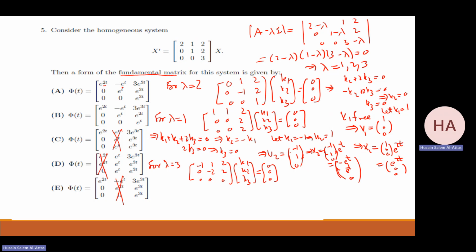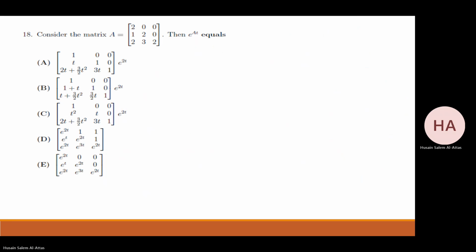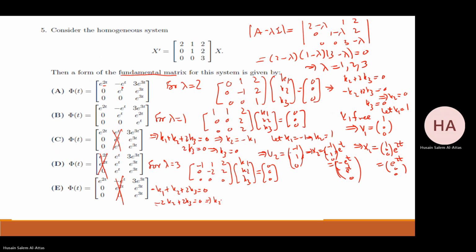Now I need to deal with this system. Is it correct? 2 minus 3, 1 minus 3, and 0. So I have minus k1 plus k2 plus 2k3 equals 0, minus 2k2 plus 2k3 equals 0. So I have k2 equal k3.